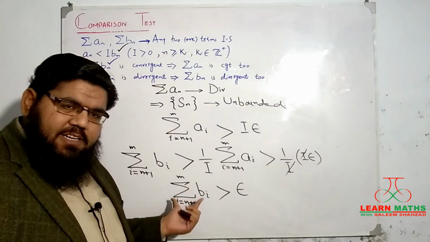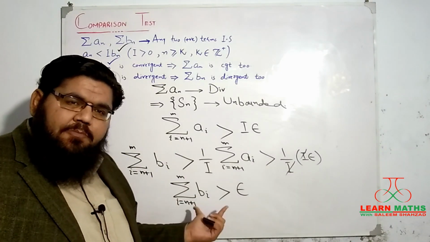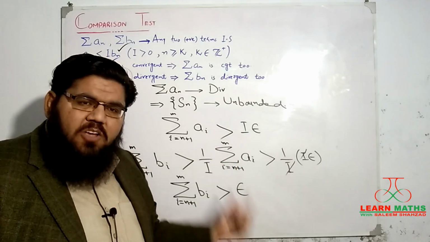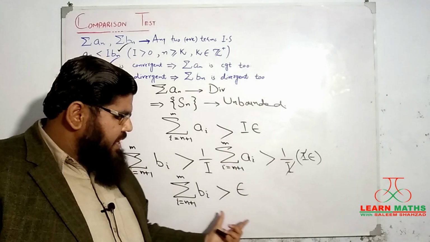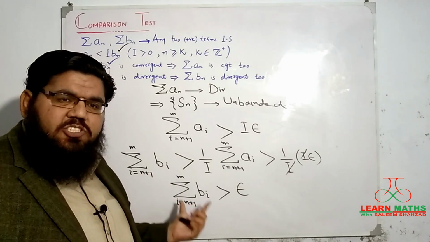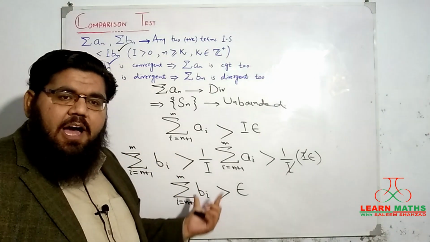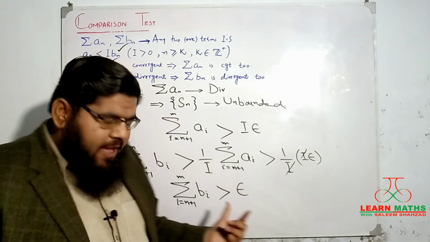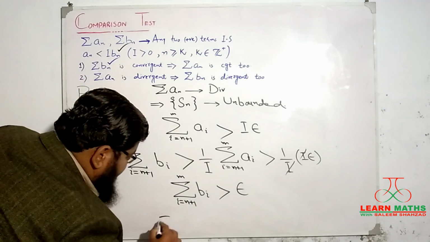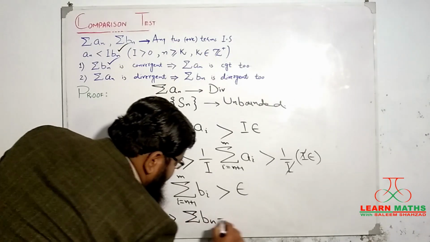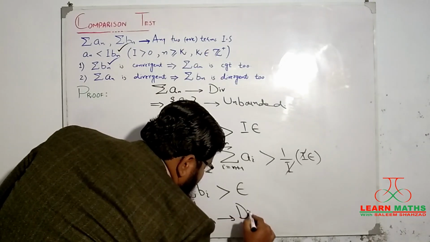Here the difference of any two terms of the sequence of partial sums is greater than any chosen positive real number, which means that the sequence of partial sums for the series summation bn is unbounded. That is why we can finally conclude that the series summation bn will be divergent as well.